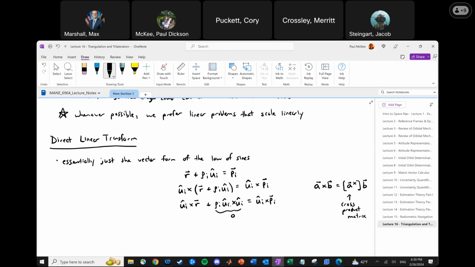So we can turn the vector a into the cross product matrix of itself. And we talked about this, oh gosh, I'm not sure which lecture we went over this, but it's pretty early on. I think it was in attitude representations, lecture 4 or 5. We talked about this cross product matrix.